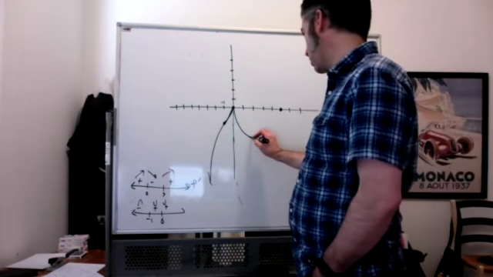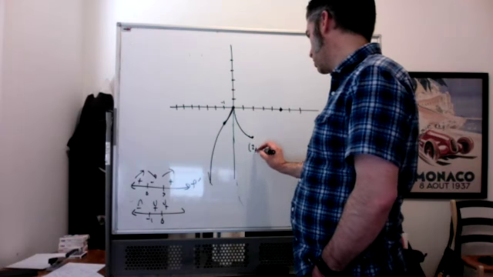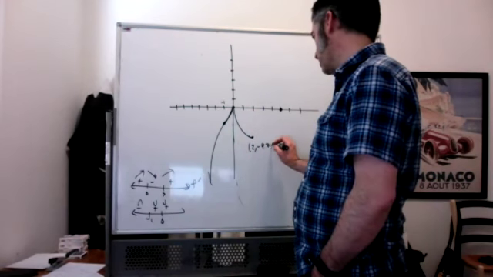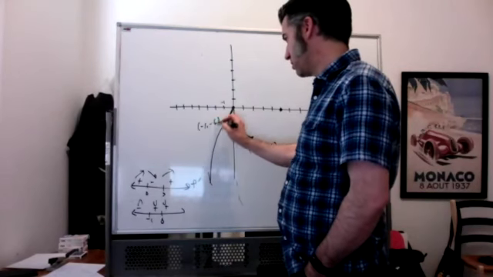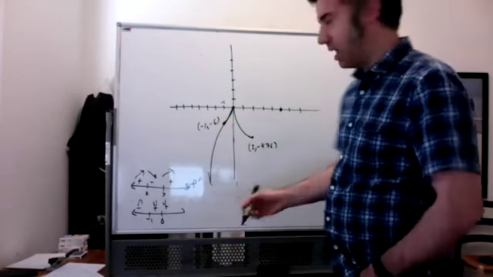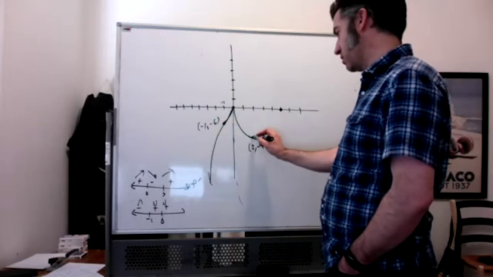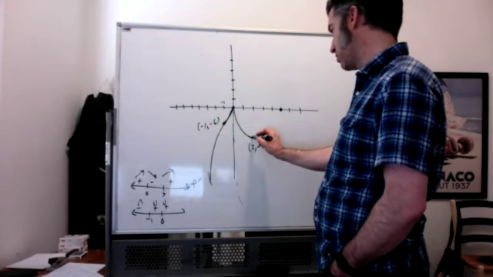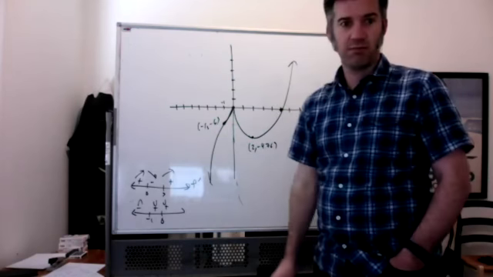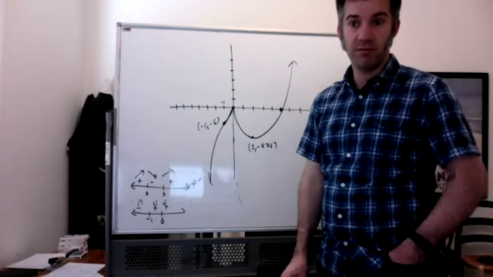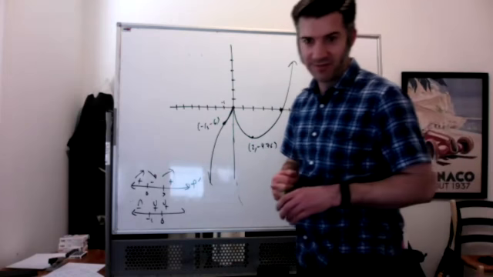And then we get to the point (2, -4.76). I know my graph is really not to scale. That's okay. And then after this point, it's increasing and still concave up. Beautiful.